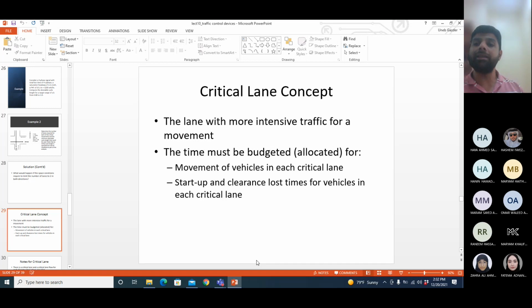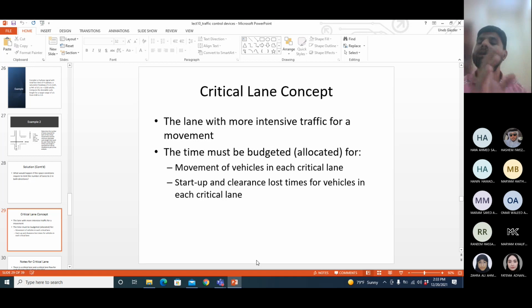So I have to pick one lane. In the previous example, it didn't matter, because both lanes were carrying equal volume, so whether I picked lane 1 or lane 2 made no difference. But if lanes have different volumes, you have to pick one of them for the design, and that lane from which you pick the volume for design is known as a critical lane.